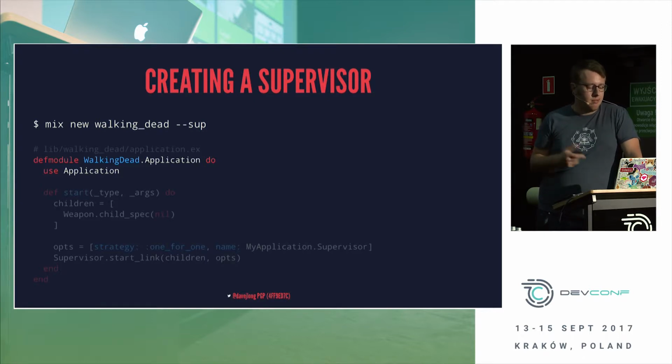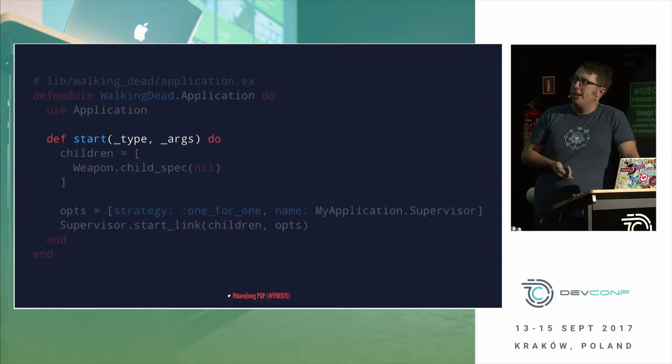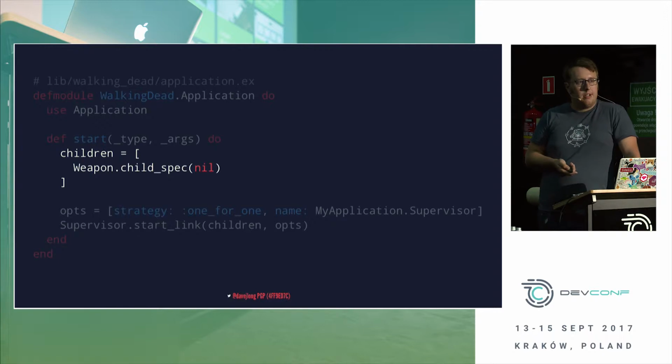That creates this WalkingDead.Application module, using the Application module, which is a supervisor. Then we have to specify the start function. Inside that start, we create all of our children, and that's that child_spec that comes from Agent again. And you can use nil to customize, for example, the name of the agent that's starting up.